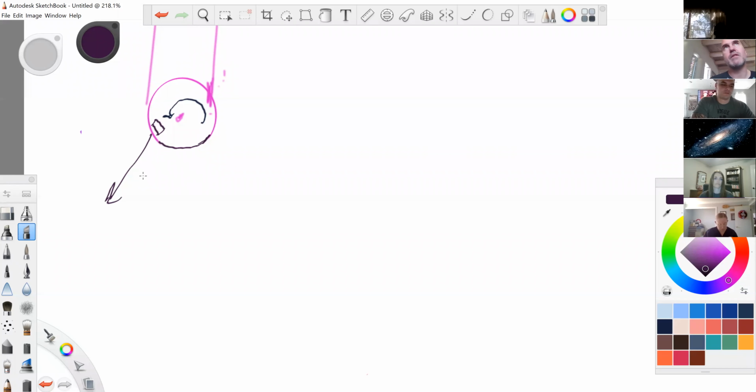Goes all the way around. Next time it's here. Goes all the way around. Next time it's there. Next time it's there. And then it starts over again. Here, and there. And obviously it's going to be more than 4 beams of sound.